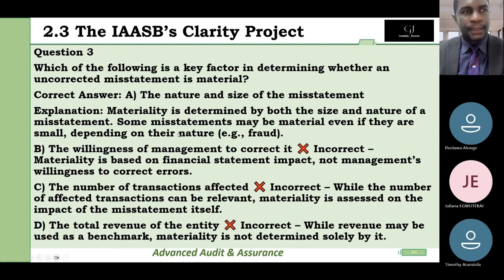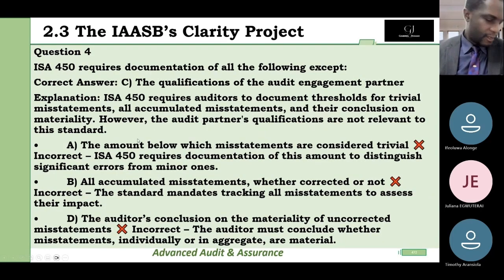Okay, number 3, which of the following is a key factor in determining whether an uncorrected misstatement is material? They both got it too. A, the nature and size of the misstatement. Fantastic. Materiality is determined by both the size and nature of a misstatement. Some misstatements may be material even if they are small, depending on their nature, e.g., fraud. Okay. Number 4. They still got it.